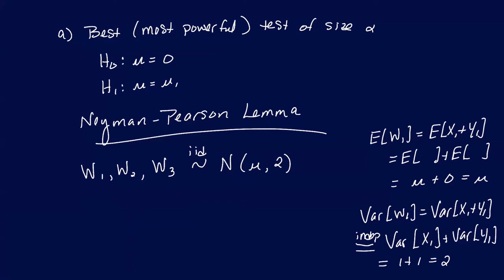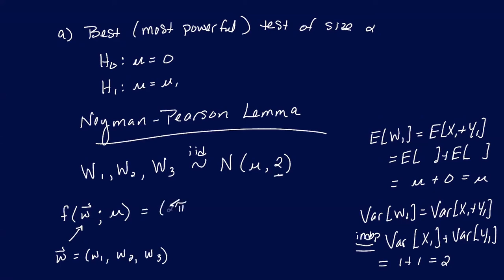Okay, so we can write down the joint PDF for W1, W2, and W3. Again, they're independent, so we just need to multiply 3 normal PDFs. So I've got the joint PDF for W1, W2, W3. It's going to be a function of the unknown parameter. Just to be clear, because this changes in part B, this vector W is W1, W2, and W3. And so we get 2 pi sigma squared being 2.